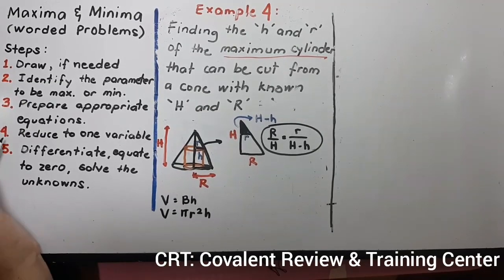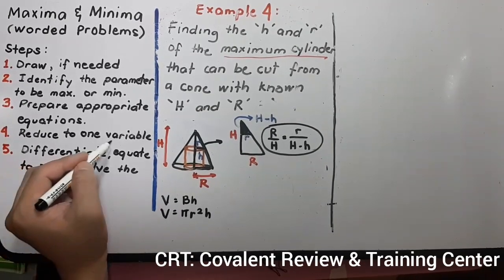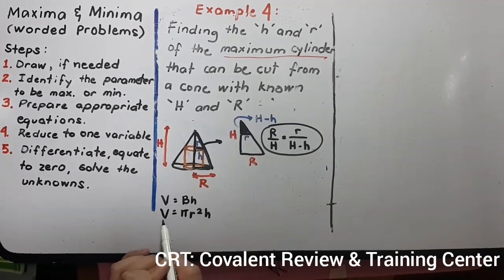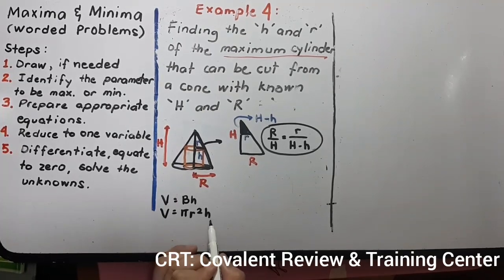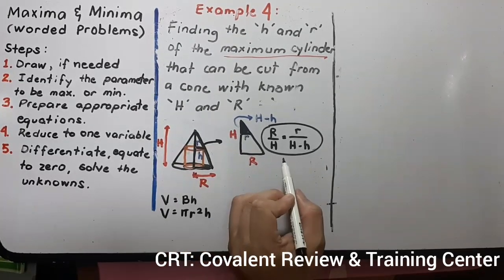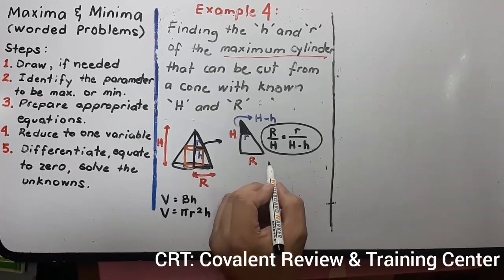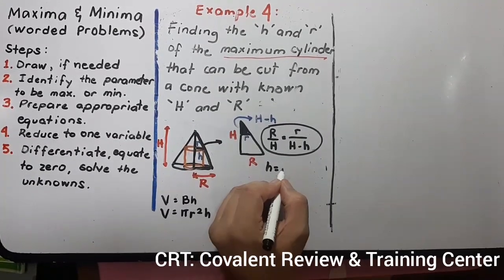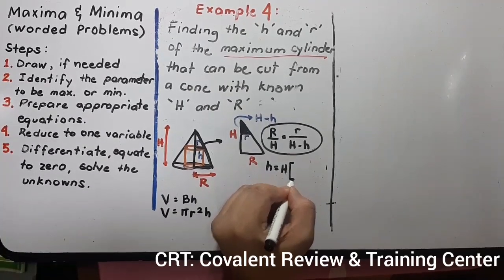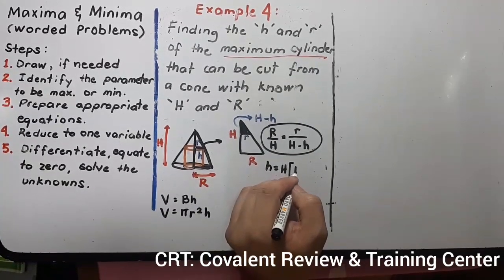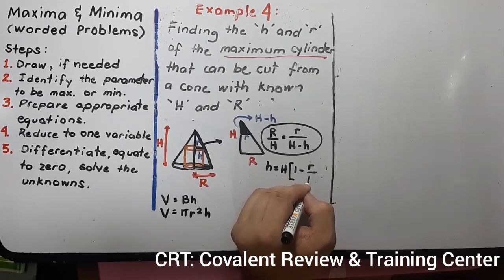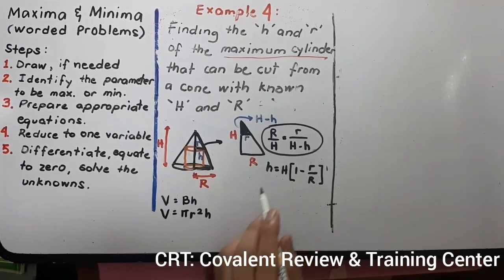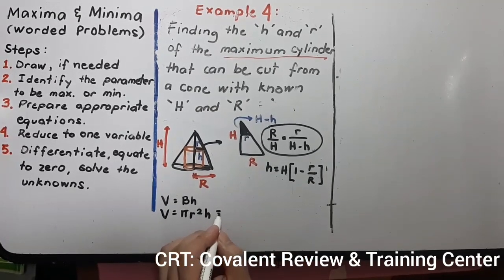With respect to step number 4, reduce to one variable, it is better to replace h in the volume formula. So we can get h from the ratio and proportion, and this will give us small h equals capital H times 1 minus small r over capital R. Let us substitute this small h into the volume of cylinder formula.